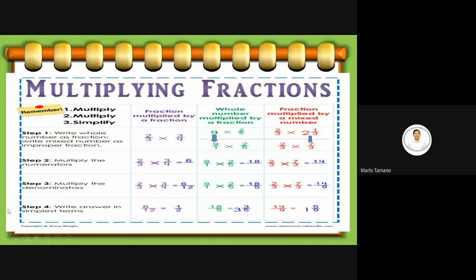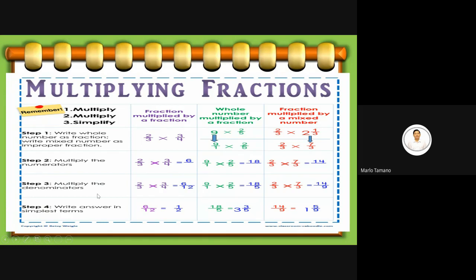Now, in step number 1, if there is a mixed number, write the mixed number as an improper fraction. How to convert this mixed number into an improper fraction? All you have to do is multiply the denominator of the fractional part, which is 3, by the whole number 2.